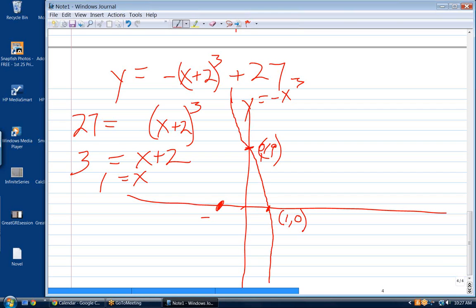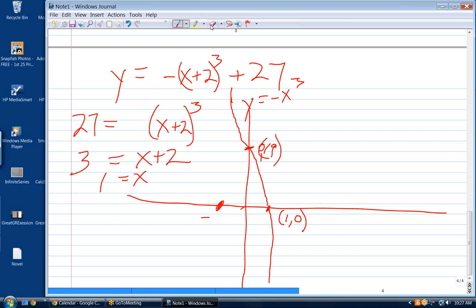Think about this for one moment, whether I've drawn this correctly. There's a thing I don't like about the way I've drawn this.